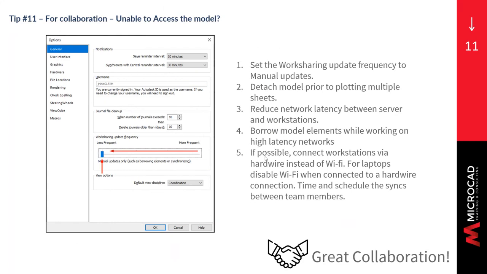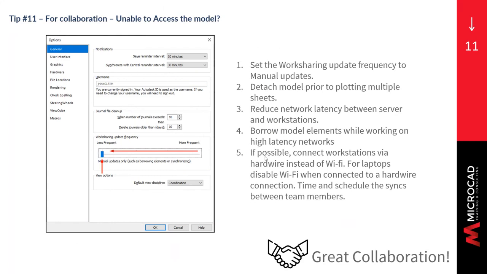You can reduce your network latency between server and workstations. You can as well borrow model elements while working on high latency networks. And I will say this is one of my favorites because sometimes we forget about this. So if it's possible, connect your workstations via hardwire instead of Wi-Fi.